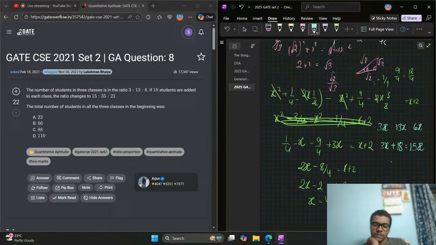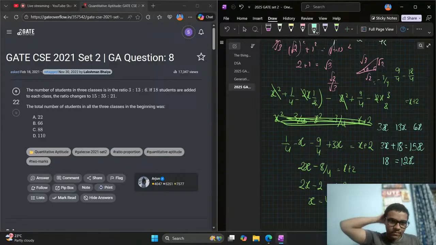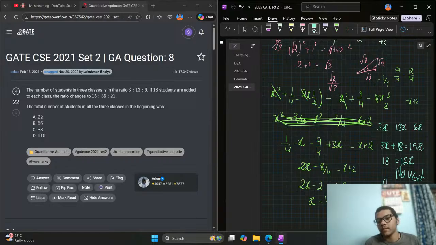Right. So 18 is equal to 12x. Can you do it like this? No, you cannot, I think. Cannot, I'm afraid.